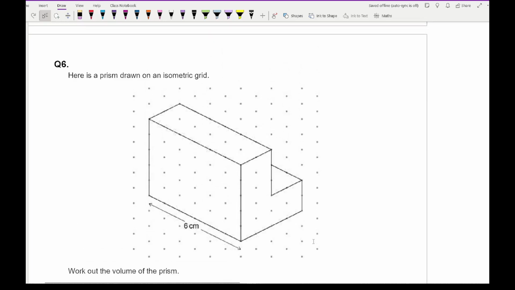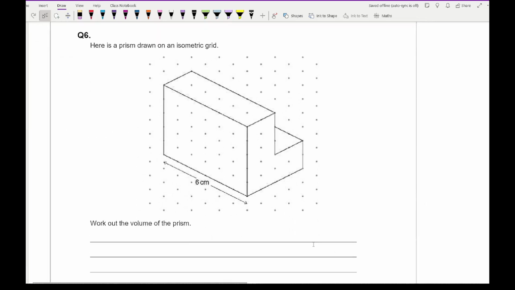Moving on to question 6, it says work out the volume of the prism. So again, for this what we need to do is first of all split, as we've got a compound shape, we can, well, there's a couple of things we can do. So we could work out the area of this face here, and then multiply that by 6 as the length. So this area here is 5 by 2, so that's 5 times 2, which is 10.